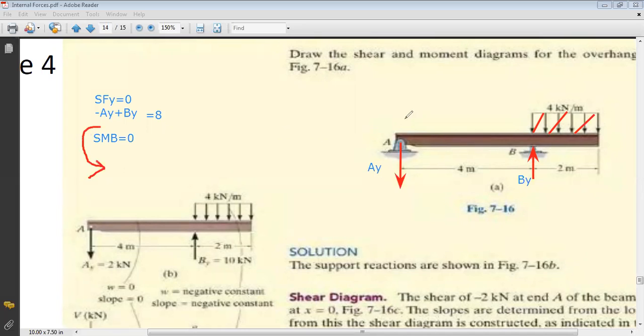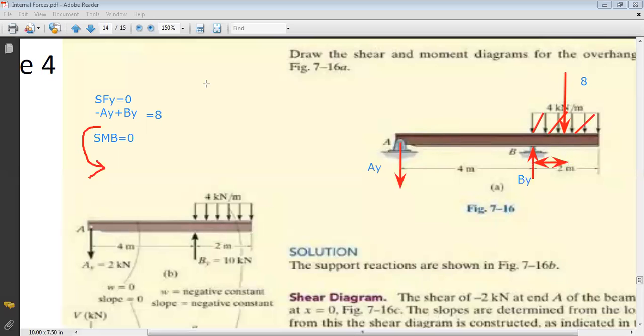Then ay has a positive moment, and the distributed load has a negative moment. Now for the distributed load, I can replace it by one force passing at the centroid of the rectangle. So the force is equal to 2 times 4, equal to 8, and it is at a distance of 1 meter from B. So this distance here is 1 meter.